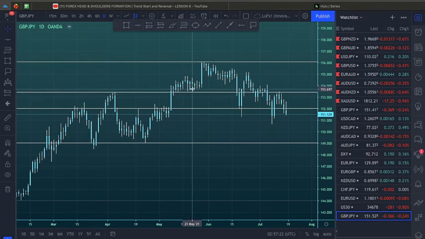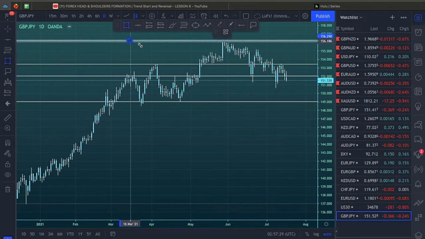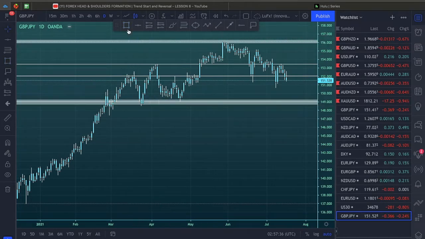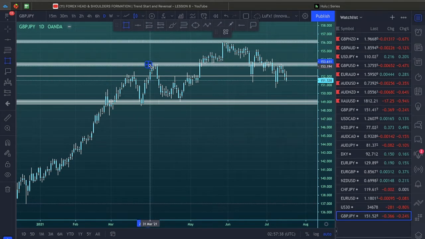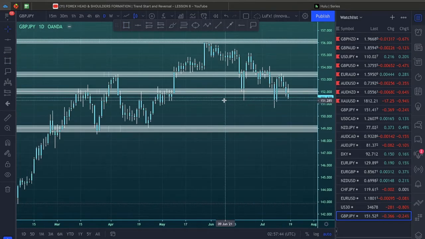Resistance, support, support, support, resistance. So these are just the levels that I had on my chart, right? Now let's zone them out so they look better. So now we have our zones.